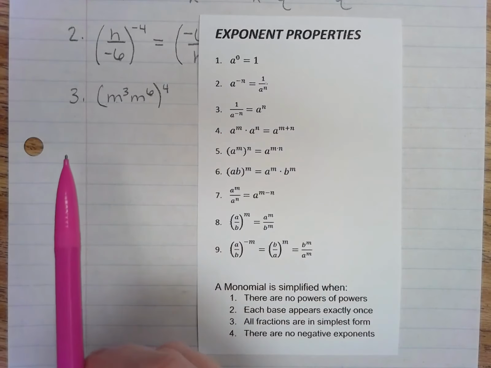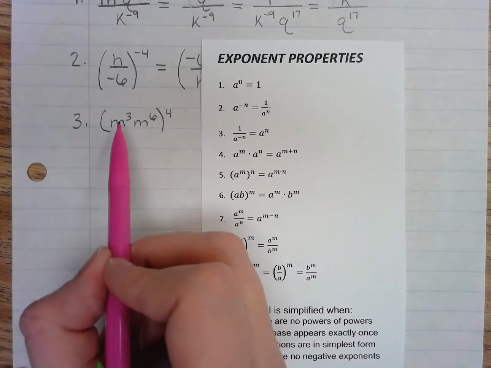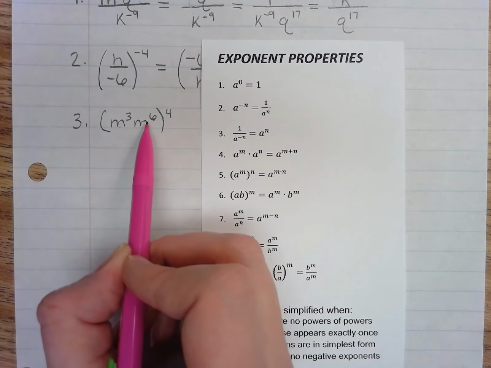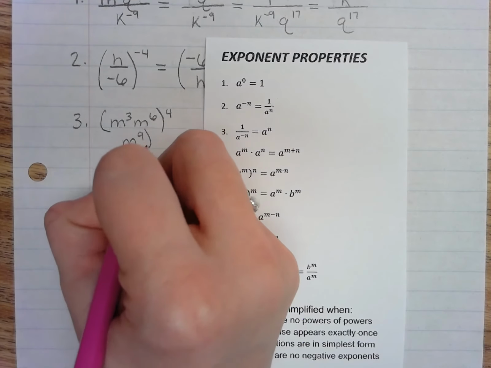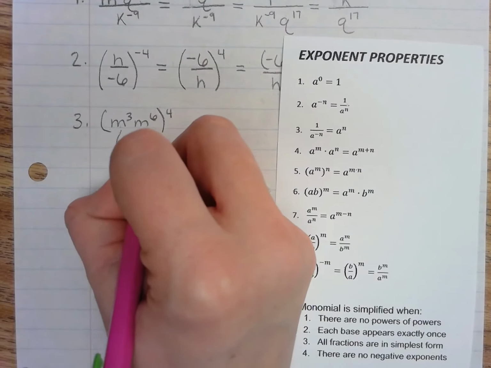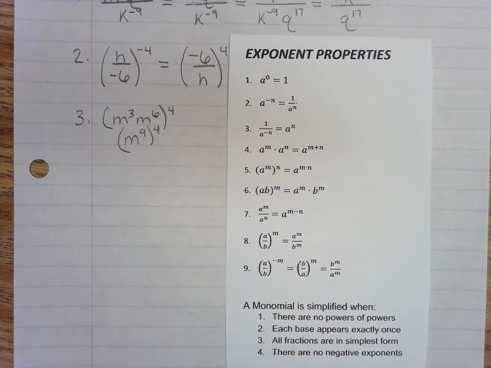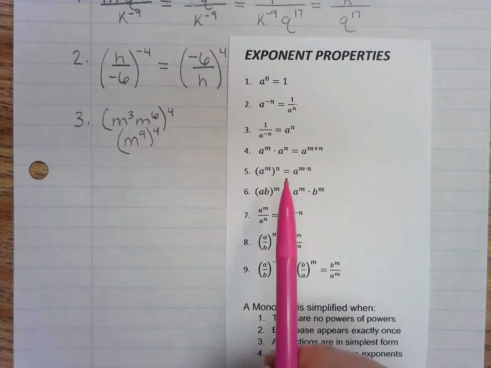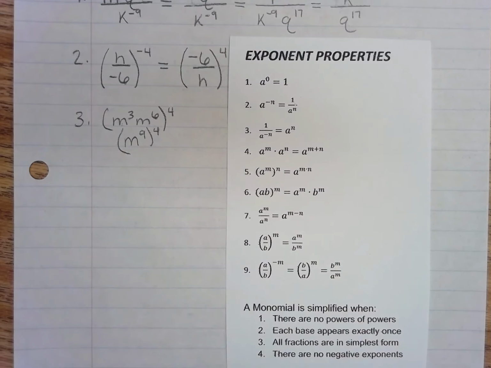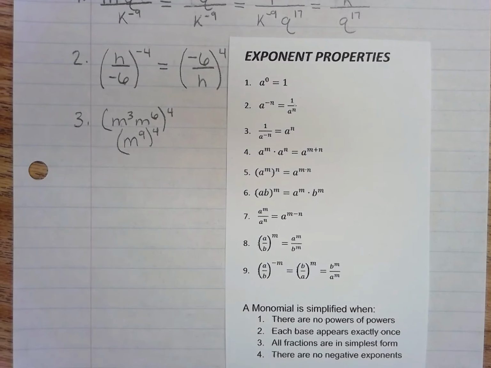Even if they were the same exponent numbers, this property tells us we can add. So we'll take m to the 3rd and add the m to the 6th, making that m to the 9th. We haven't done anything with that 4, so let's just leave it raised to the 4th power. You can only do this property of adding the exponents when you have like bases. If that would have been a different variable, we would not have been able to add them together.